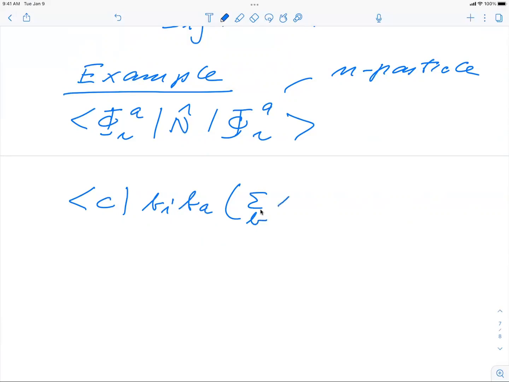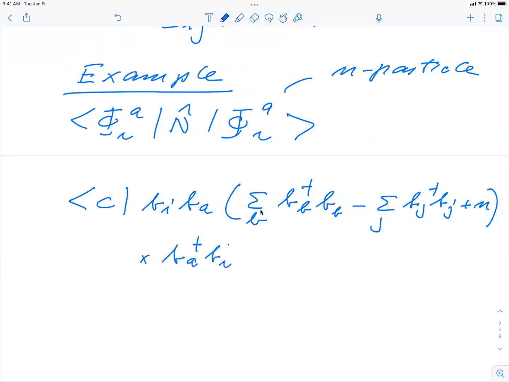So I should get b_b dagger b_b minus, and then I have this sum over j of b_j dagger b_j. This is the operator plus N, which is just a constant. I'm just plugging in the form of the operator now. And this is multiplied with b_a dagger b_i dagger, and this takes C again. Sometimes I use C because if I'm lazy, it's easier to write C than phi 0.